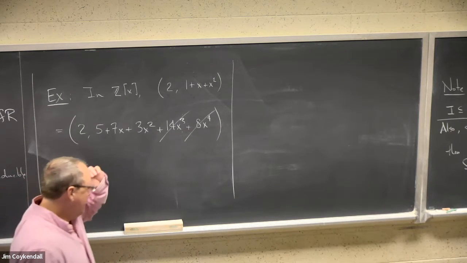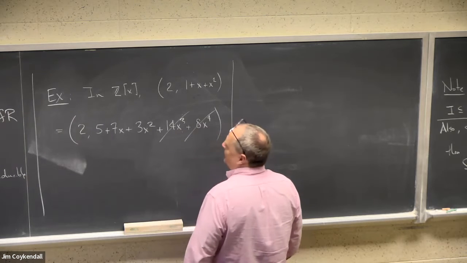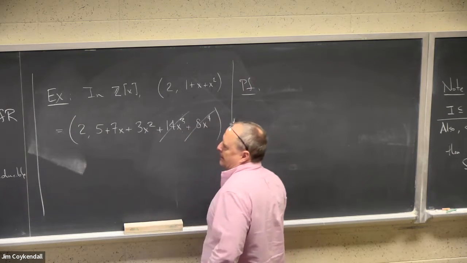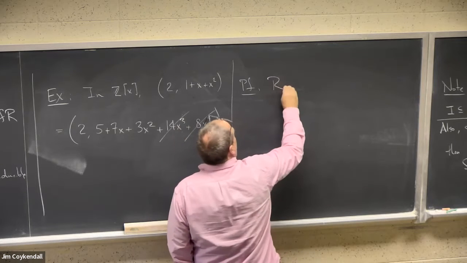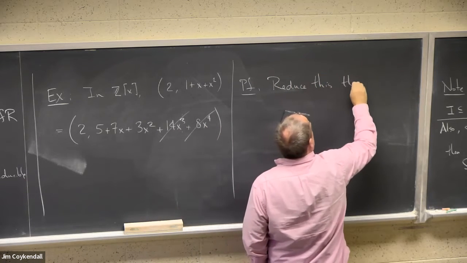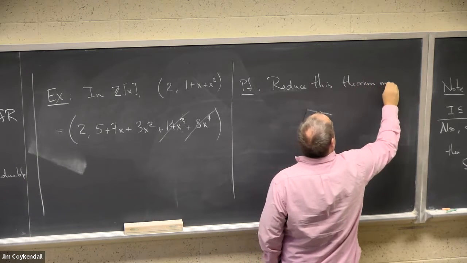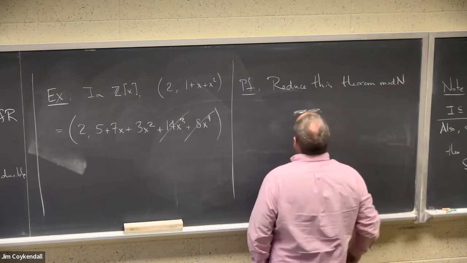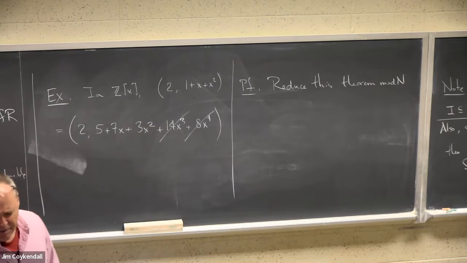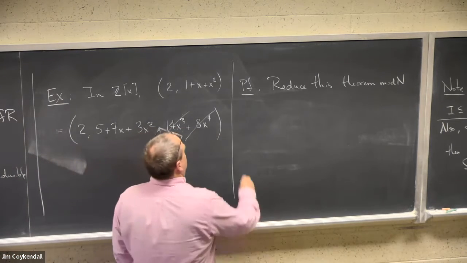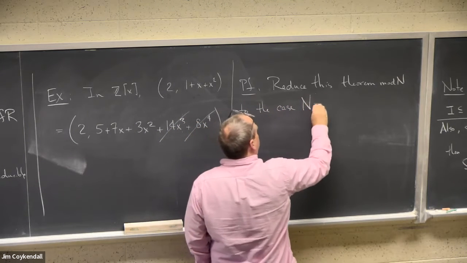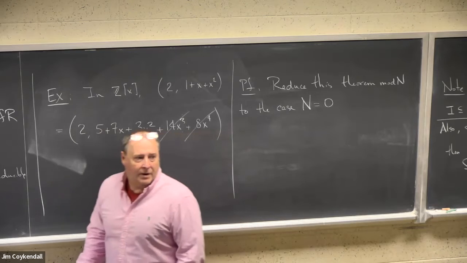And then let me point out, reduce the problem of this theorem. So I want you to think about this. This isn't too hard. This is actually an important technique. Reduce this mod n, the case where n equals 0.